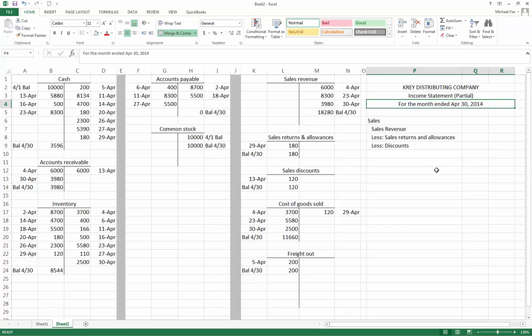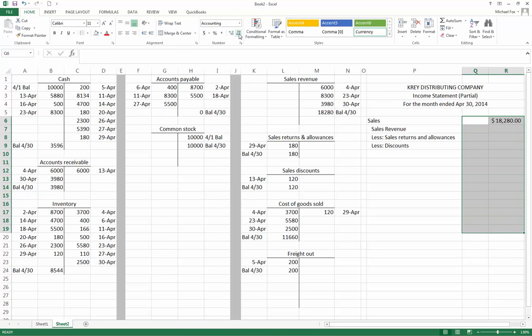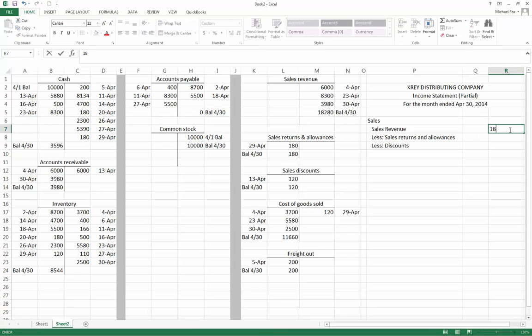Scooch this in a little bit so it's easier to see. So our sales revenue, we can look right here on the sales revenue account and see that it had $18,280 as the balance. Let me tell Excel that we're working in dollars here. Oops, I put that on the wrong line, sorry. All right, our sales returns and allowances were 180, and our sales discounts were 120.